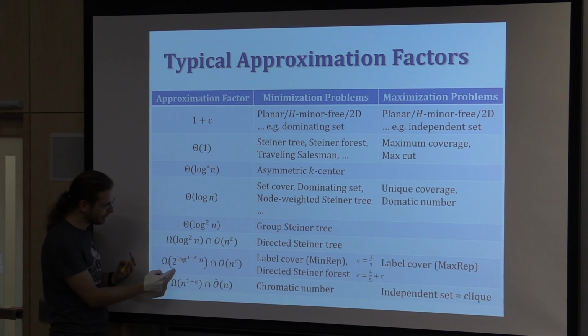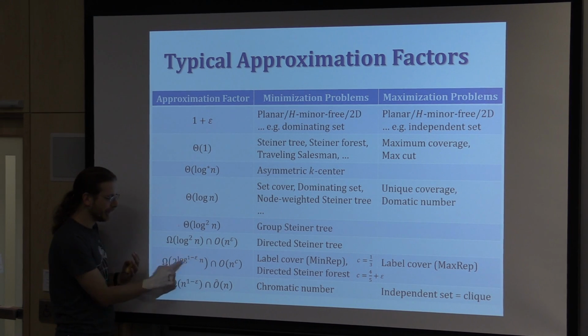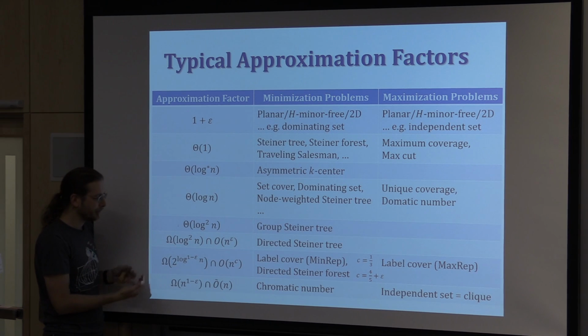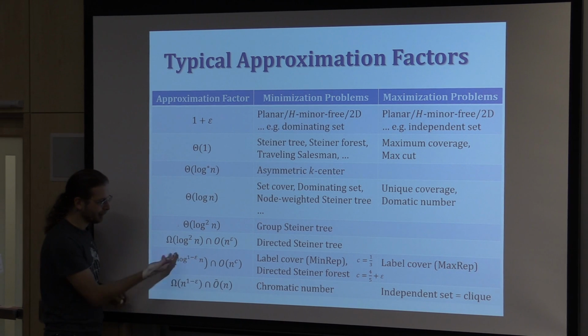But what we have here is something a little smaller than log n. Log n to the 1 minus epsilon power, and then you exponentiate that. So this is somewhat smaller than what we'd actually like, which is something like n to some epsilon, I guess, would be ideal. This is smaller than any n to the epsilon.